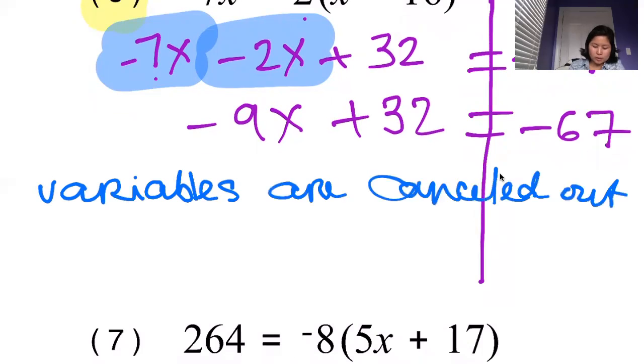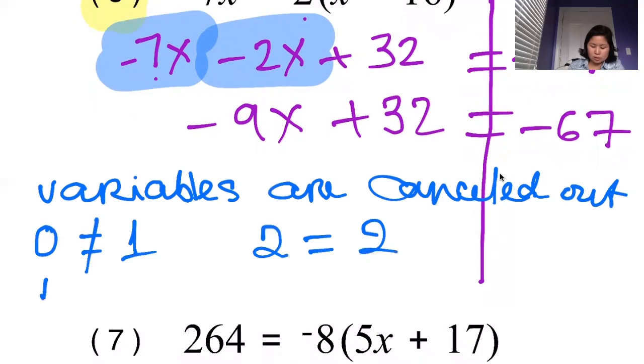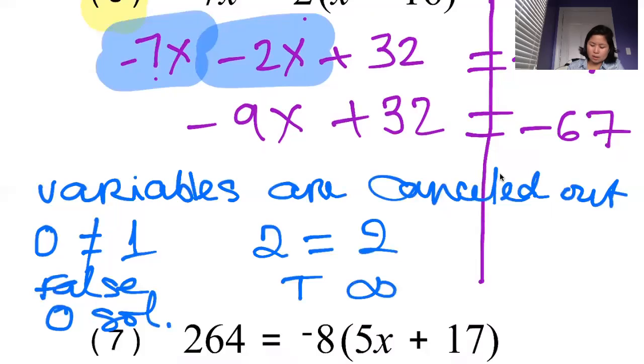You will end up with a statement where it can be a true statement or it can be a false statement. A false statement, this is true, this is false, then it has 0 solutions. When you have a true statement, then you have infinitely many solutions.